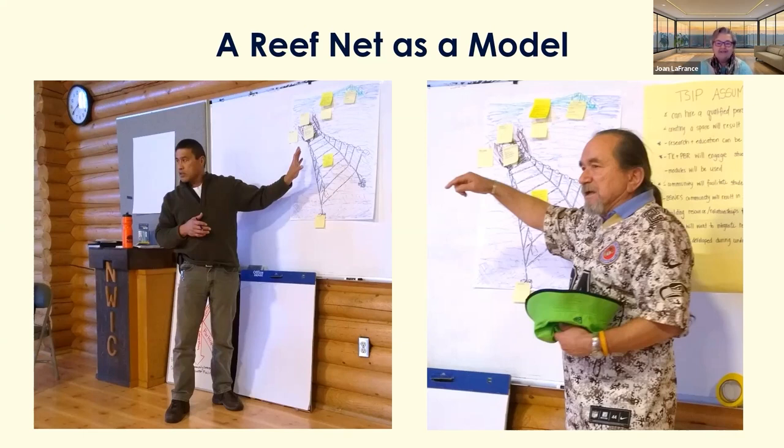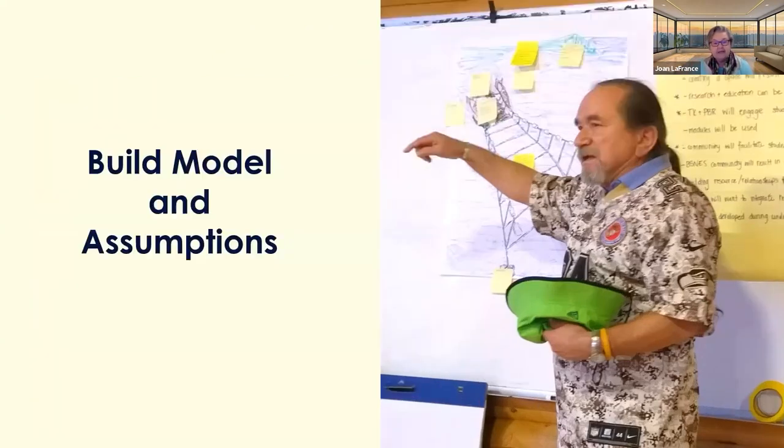And we can see here that we have these little Post-its to look at what our activities are, where our outcomes are, and that sort of thing, to see if we can make this work for us. So I want you to look back behind the elder in that picture, and you're going to see that they're also starting to list assumptions that they want to go with their model.